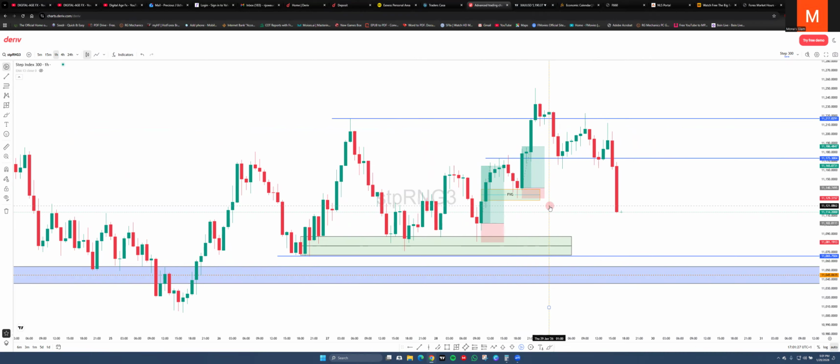So there are different entry techniques, entry patterns, or entry methods, right? You could do wick rejections like this after you've seen a lot of wick rejected, wick rejected, same pattern here. And all the rejections closing above show buyers are pushing a lot of force into the market, regardless of the selling force.